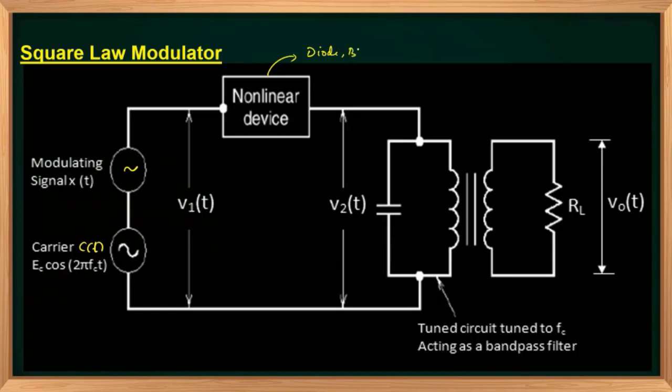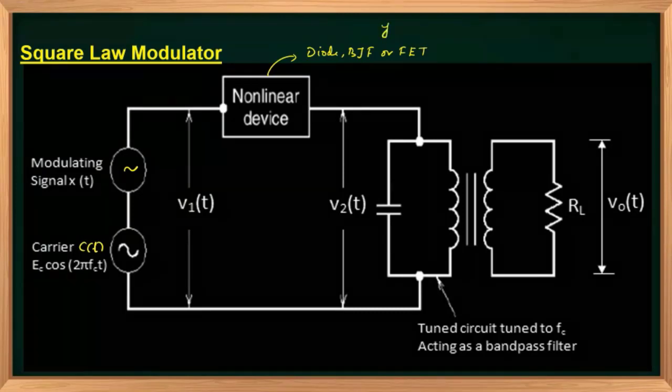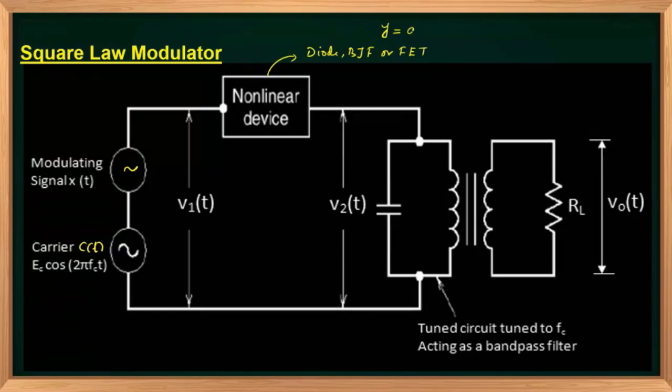BJT, or FET. You can use any of these devices as the non-linear device, because the output of a non-linear device y of t can be written as a plus b into x of t plus c into x of t square, etc. If we apply x of t as input to a non-linear device, the output contains these terms: a constant term, b into x, a proportional term, and a third term proportional to the square of the input.